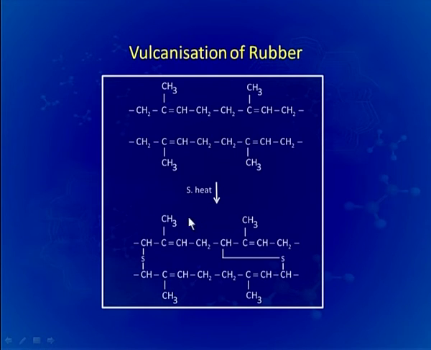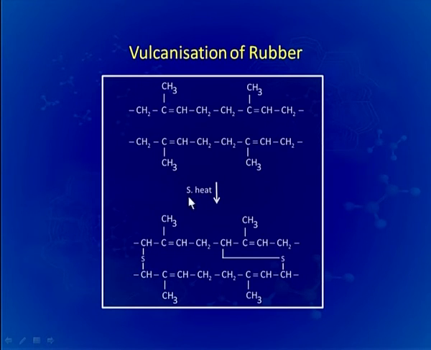When it is treated with sulfur at high temperature, cross-linking between the chains at various positions through sulfur atoms takes place. Due to this cross-linking, the rubber becomes hard and strong. So, the strength of the rubber can be improved by adding sulfur at high temperature.